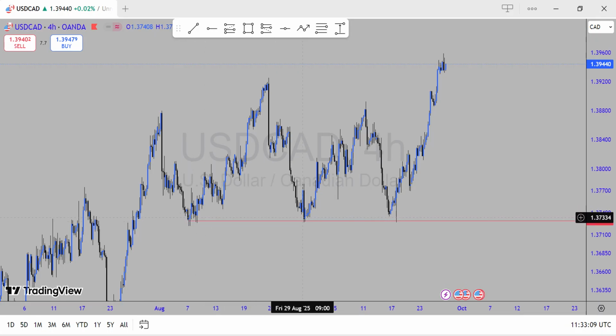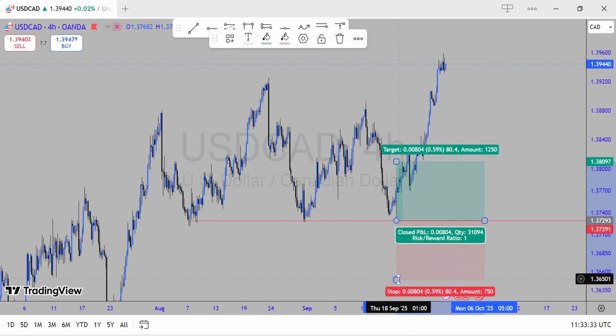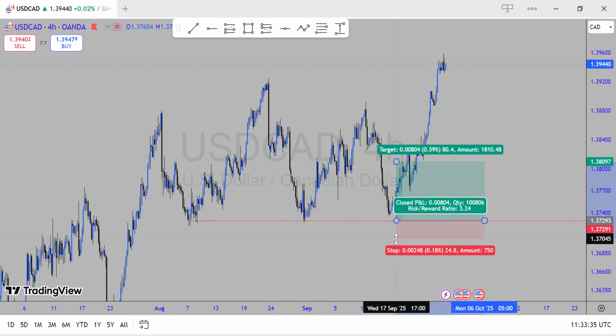I noticed here that price respected this particular low right here. So I was waiting for price to come to the third one and push impulsively to the upside, because it happened before, as you remember on the daily time frame. So when I got this particular touch right here, I was waiting to collect my trade. My entry was here and my stop loss was just right below, like this.